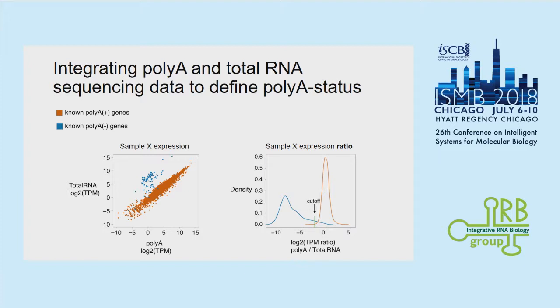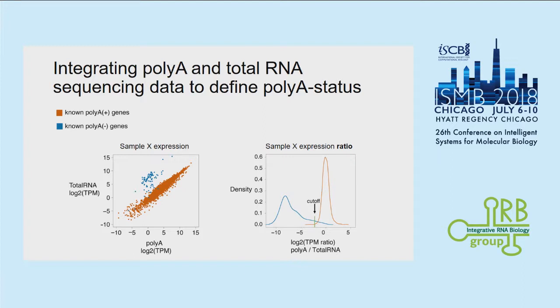Something very interesting about having matching poly-A and total RNA sequencing data is that we can use this information to annotate the polyadenylation status of our genes. So if we take sets of known polyadenylated and non-polyadenylated genes and compare their expression between poly-A libraries and total RNA libraries, we see a clear separation of those two sets, with the non-polyadenylated genes much more highly expressed in total RNA libraries.